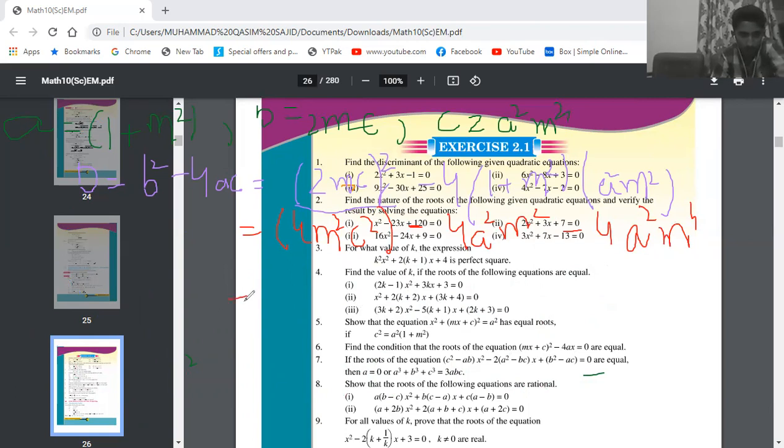So we take 4 and m square as common. 4m square must be, it must be c square, and the second there must be minus a square, and from the last one it must be minus a square m square.